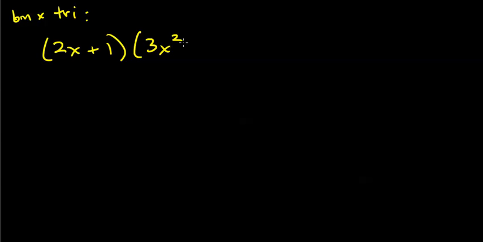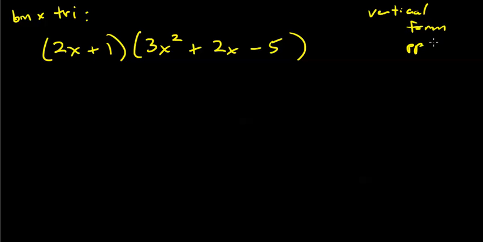I'm not too crazy about it. If you want to use it, that's fine. Vertical form is in pages 438 to 439. I put it in the assigned reading. You don't have to use it if you don't want to.